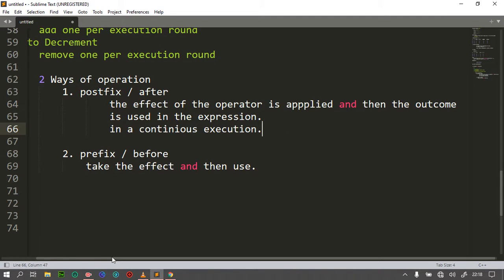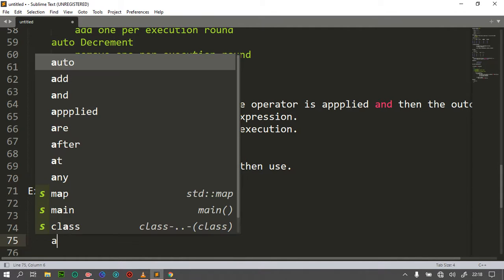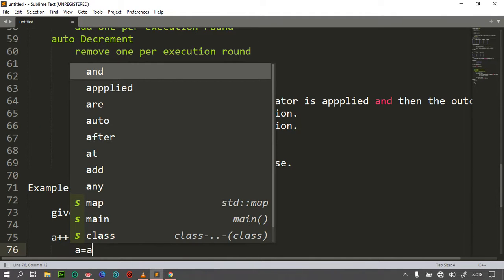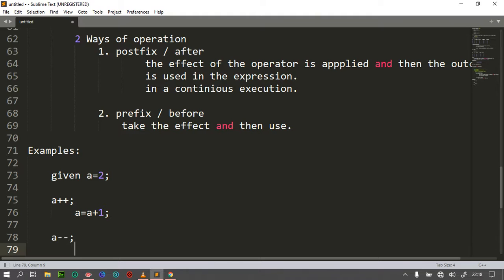Okay, so for us to understand this very well, let's try to have some examples. We can say given a is 2. So if I say a plus plus, this means a is assigned a plus 1. Otherwise if I say a minus minus, this means a is assigned a minus 1.